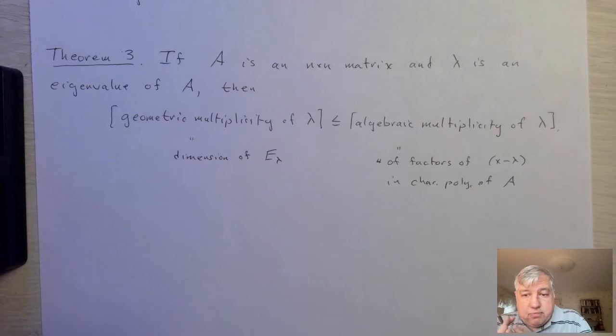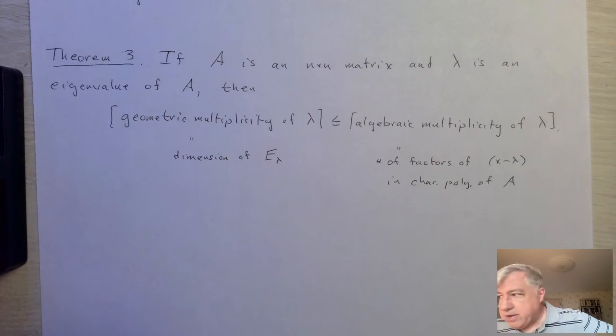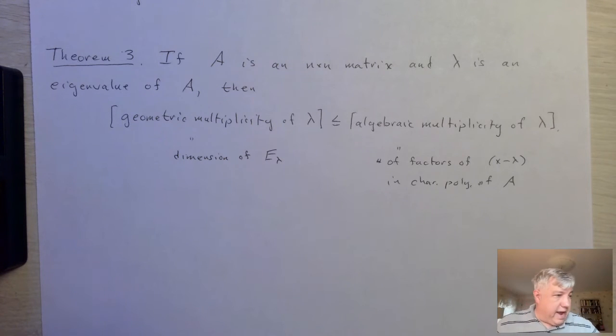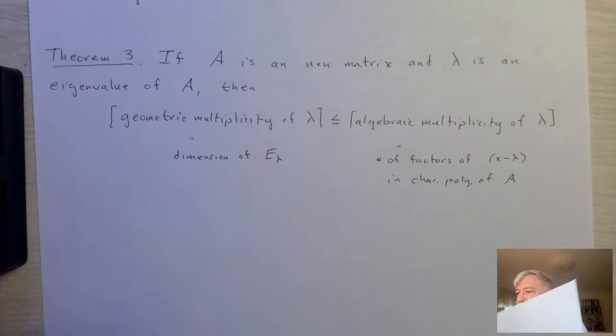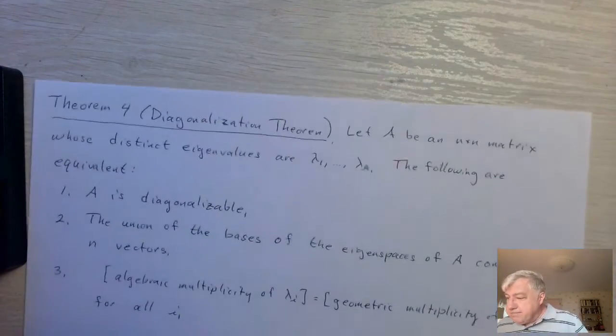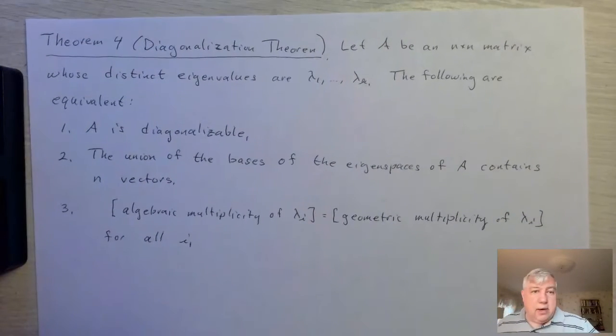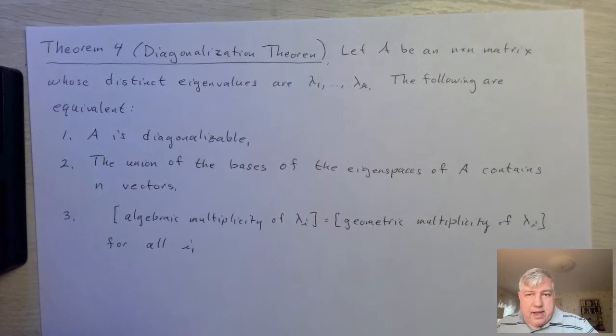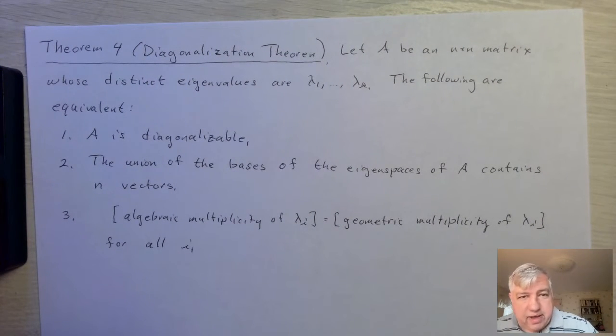We'll prove that later, and we want to prove the grand finale of this section, which is the diagonalization theorem. It says that if A is an n by n matrix whose distinct eigenvalues are lambda 1 through lambda k, the following are equivalent.